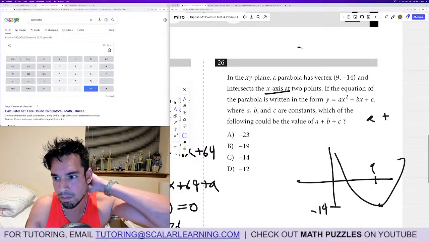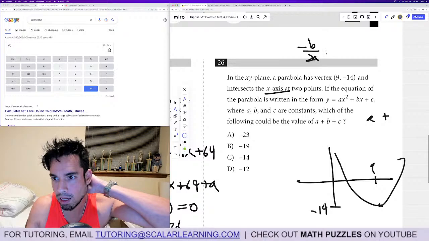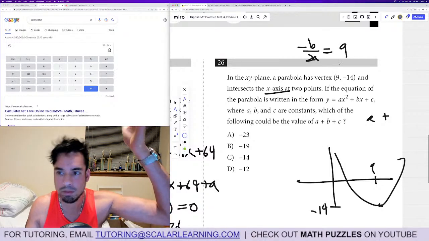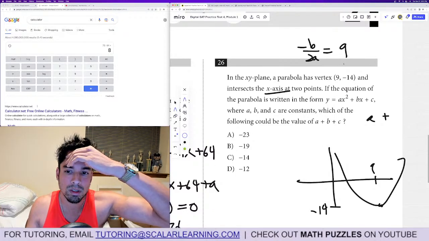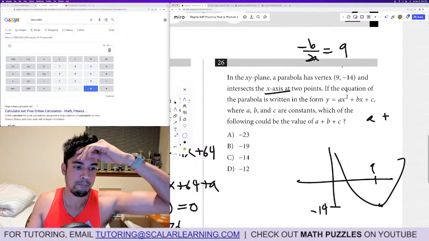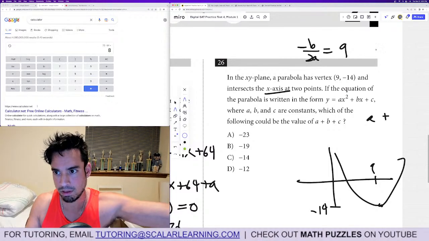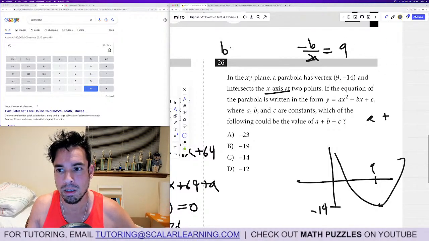Negative b over 2a equals 9. We know that. I don't know if that helps. 18a equals negative b, which means b is negative. B equals negative 18a.